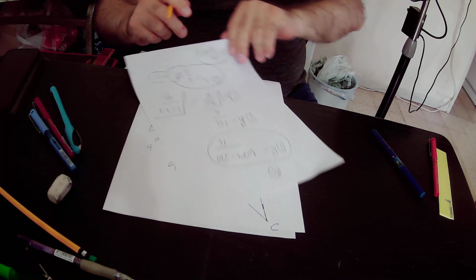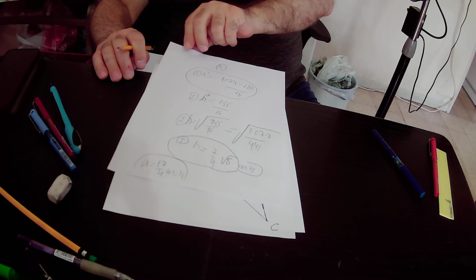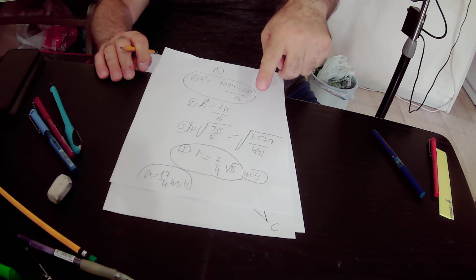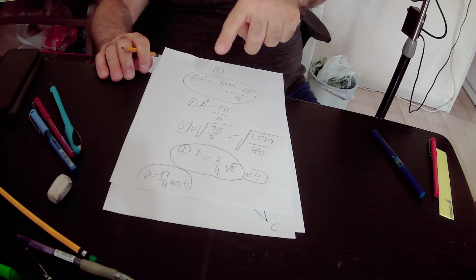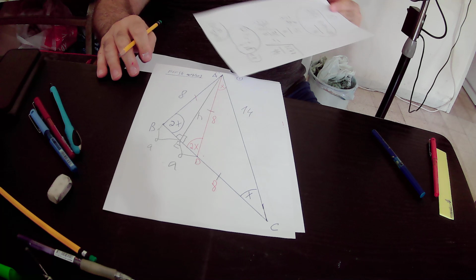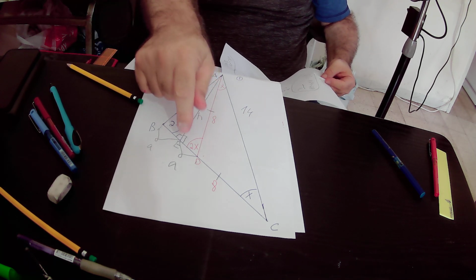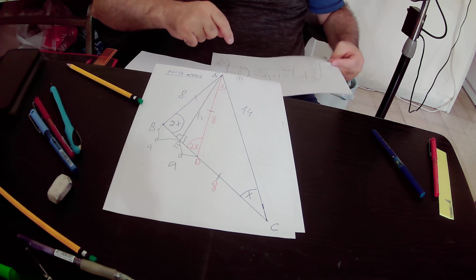So the height of triangle ABC equals 7 over 4 times root 15 units, and a equals 17 over 4 units. BE equals a and ED equals a, that is equal to 17 over 4 units.